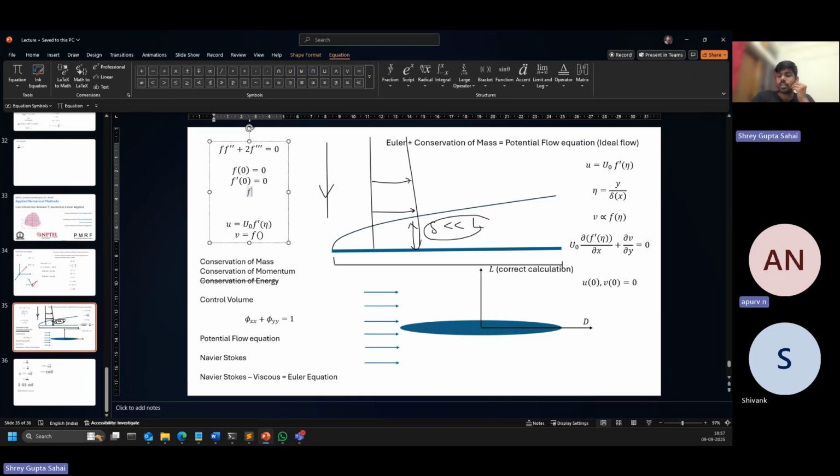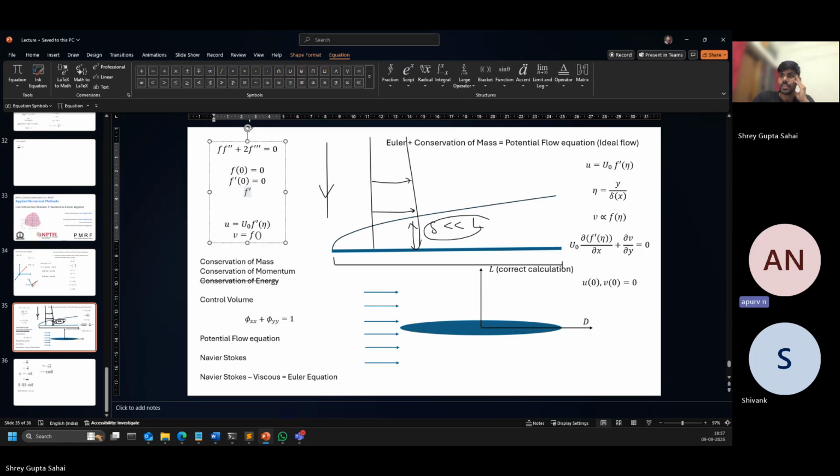So at y equal to delta, the shear stress will be zero. Can you use that? Shear stress is 0, right? So we can say that at y equals delta, velocity is u naught.